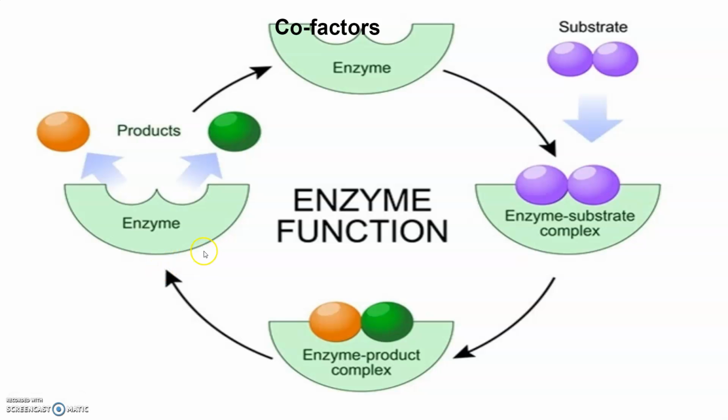For example, zinc is a cofactor for the proteolytic enzyme carboxypeptidase. Catalytic activity is lost when the cofactor is removed from the enzyme, which says that it plays a crucial role in the catalytic activity of the enzyme.